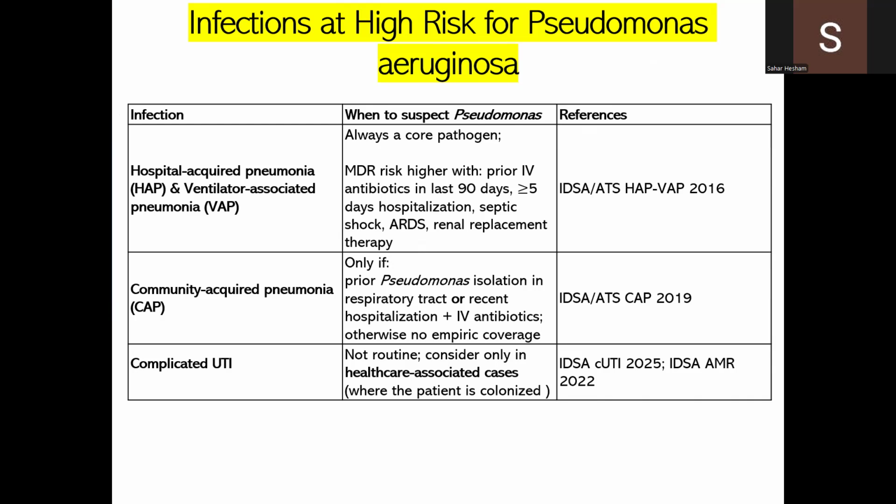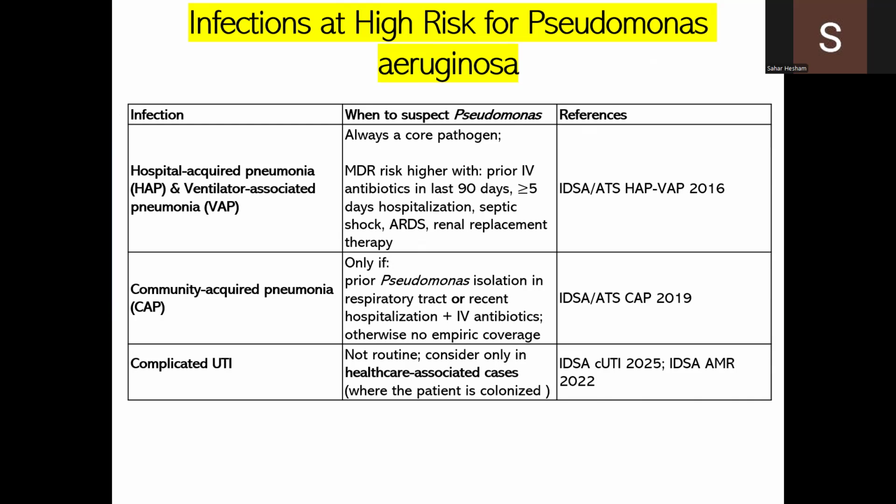Mainly you are focusing on the anti-pseudomonal beta-lactam. You can add another anti-pseudomonal agent when there are MDR risk factors. This is according to the VAP and HAP IDSA guidelines 2016.